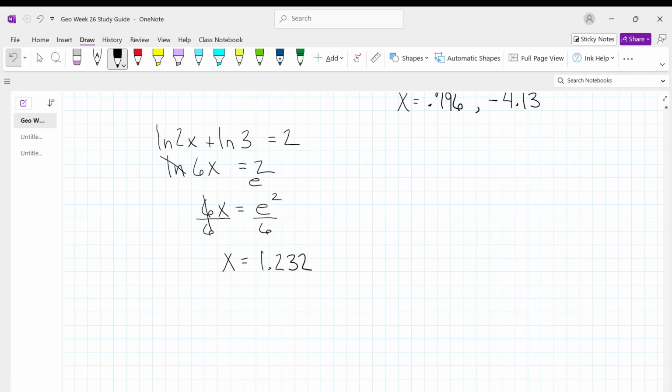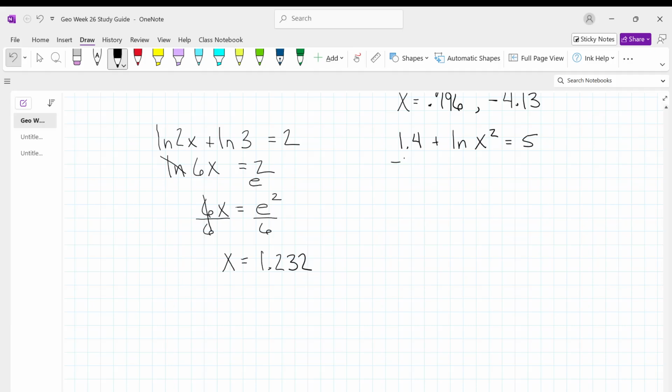Let's look at something like 1.4 plus the natural log of x squared is equal to 5. All right, so let's get this natural log by itself.